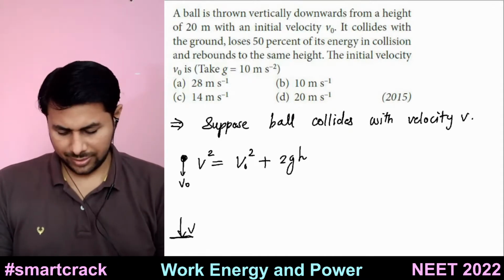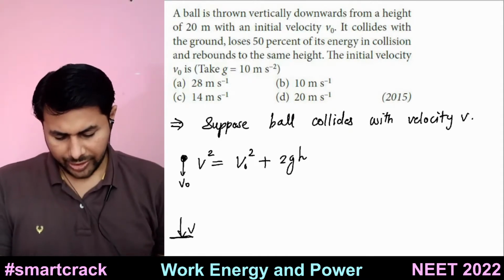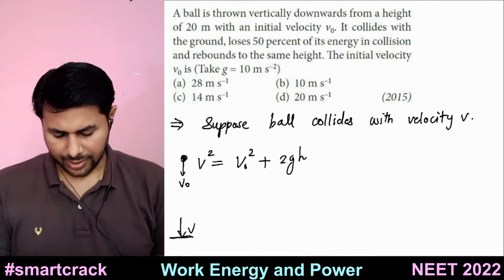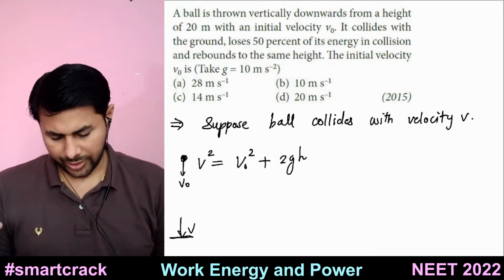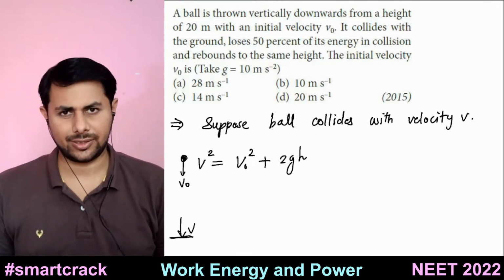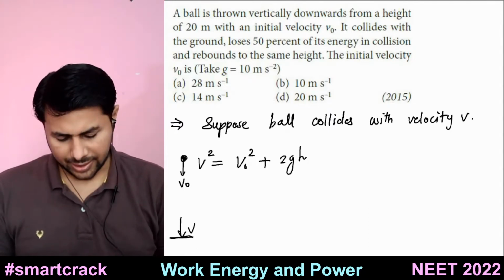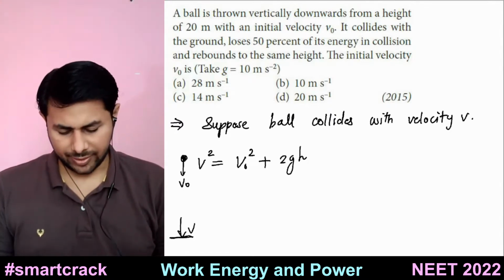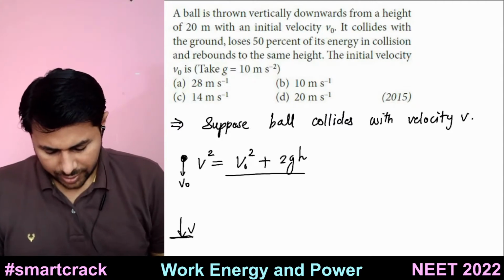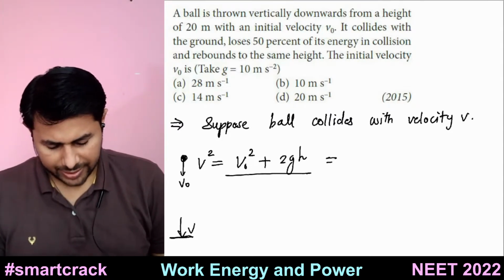Then what we can say, it loses what? Half of its kinetic energy. It loses half of its kinetic energy and it reaches the same height. So v is its velocity. What will be its kinetic energy?